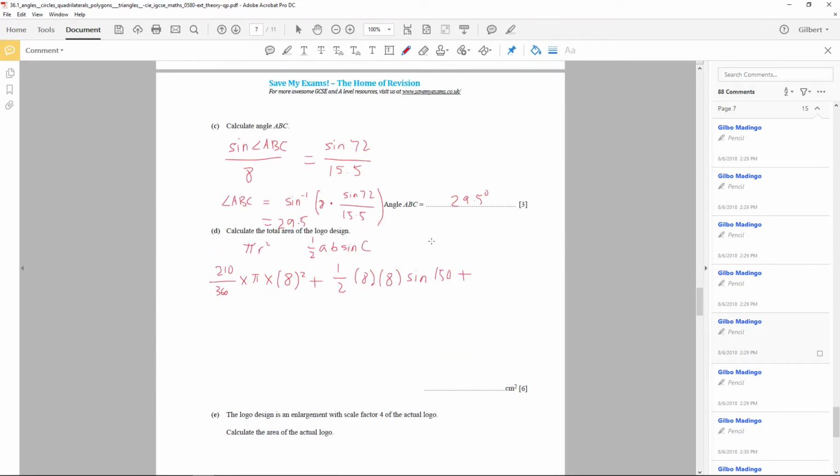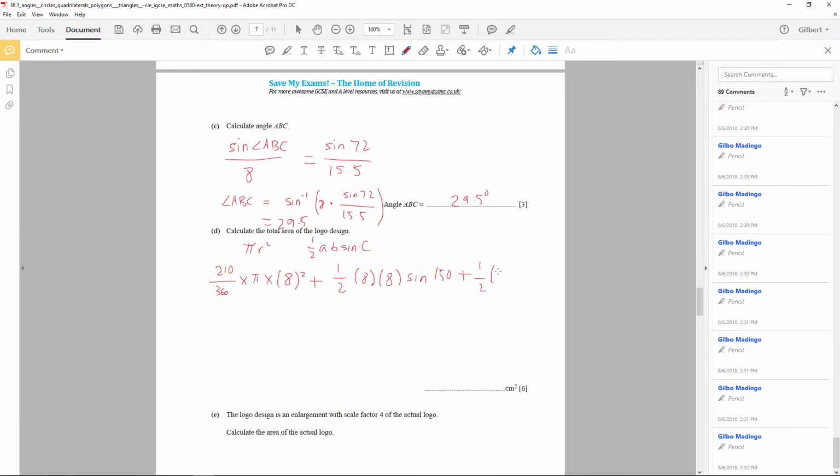So going back to the formula, half 15.5, b, which was 8, sine 78.5.